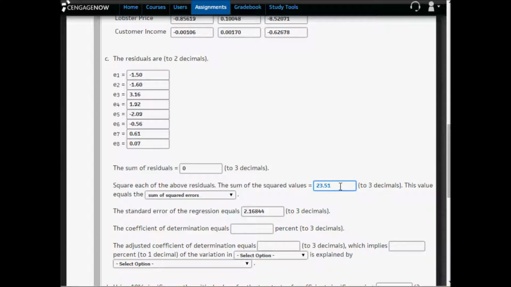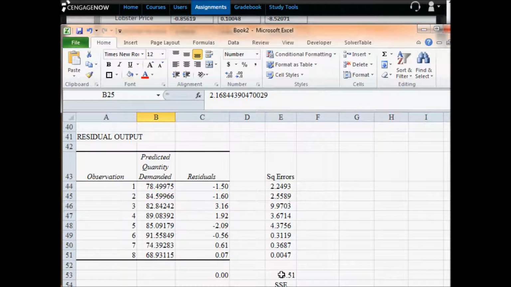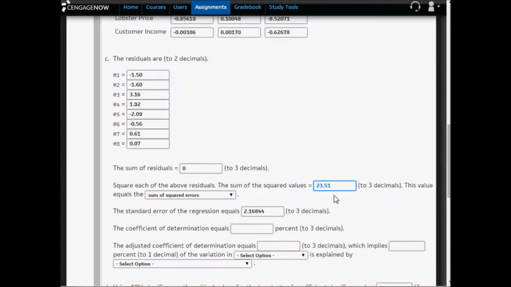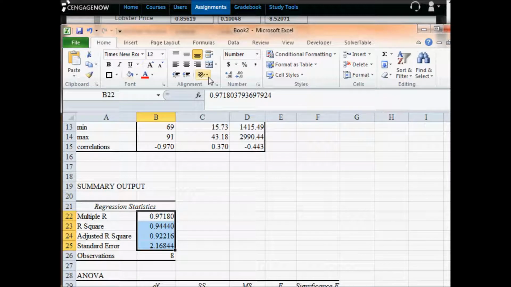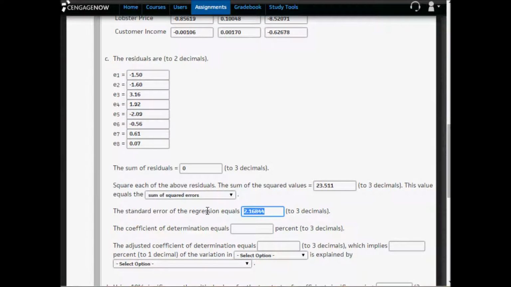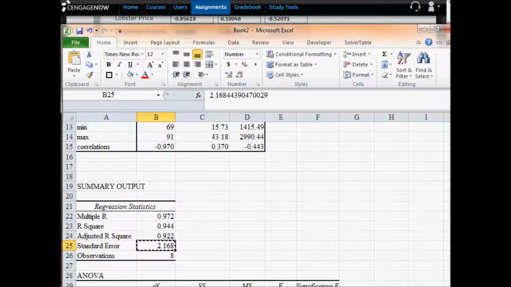Some of the squared errors need to be 3 decimals, so I need to go down here and change that to 3 decimals. So 23.511. And the standard error of the regression needs to be in 3 decimals, so it will shrink down. So the standard error of the regression is 2.168. We're going to paste that right here. The coefficient of determination is the R square. The R square is 0.944.